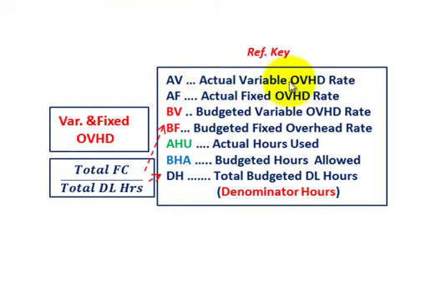Let's move over to our reference key. You can see the AV, actual variable overhead rate; AF, actual fixed overhead rate; BV in red, budgeted variable overhead rate; BF, budgeted fixed overhead rate; AHU in green, actual hours used, based on direct labor hours; BHA, the budgeted hours allowed; and DH, the total budgeted direct labor hours, the denominator hours for the period.